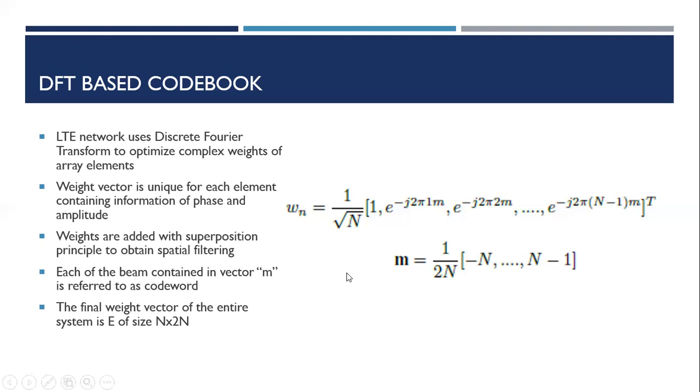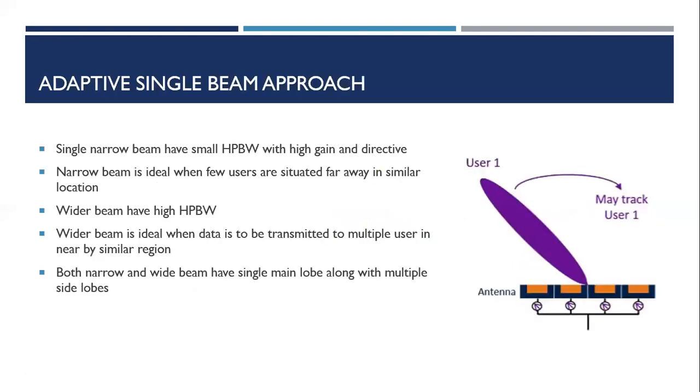for the transmission. Right. So after that, we have the adaptive single beam approach within the mathematical framework. In the adaptive single beam approach, we have a single beam with side lobes that are not as relevant and are usually unwanted. So this single beam approach can either have a narrow beam, which will have a small half power beam width, or HPBW, and it will have a high gain and will be extremely directive.